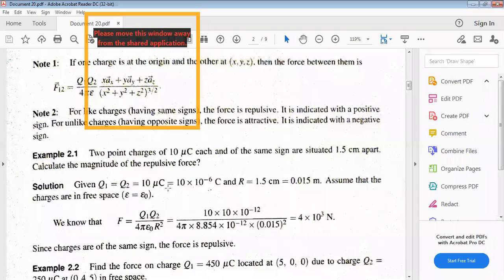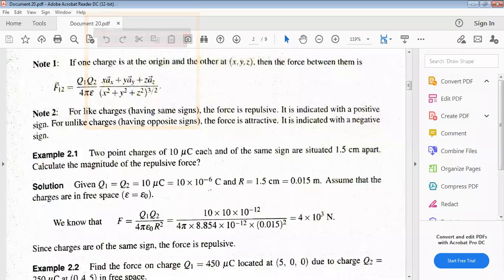Calculate the magnitude of the repulsive force. Of course, they are always the same sign, and the same sign means repulsive to each other, while opposite sign means attract each other, right?